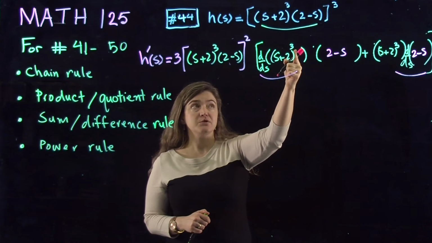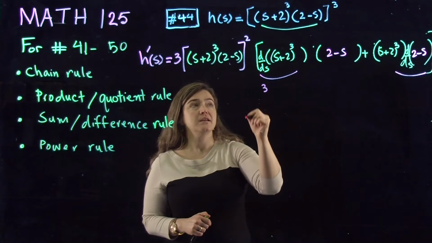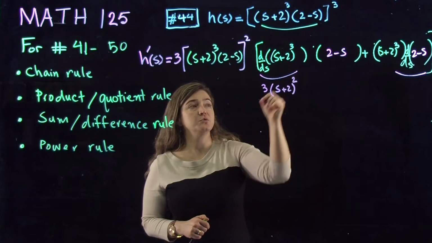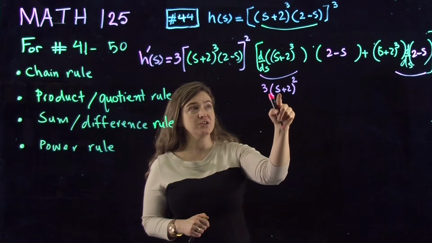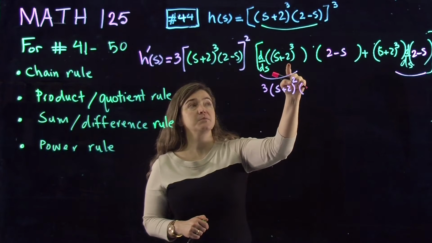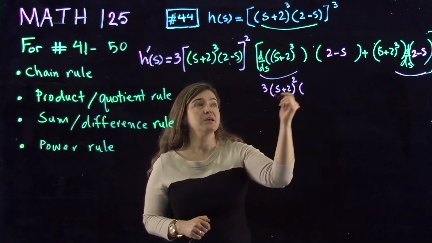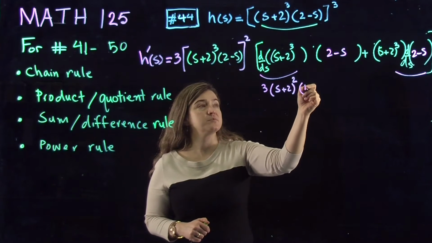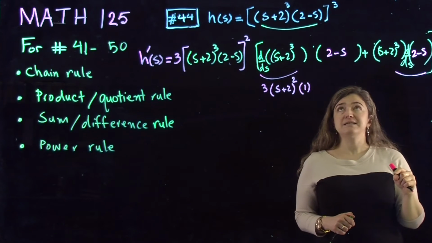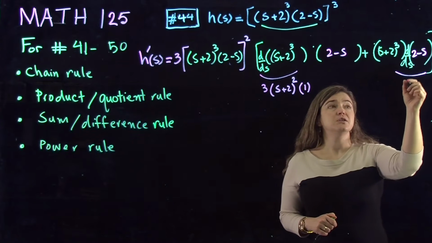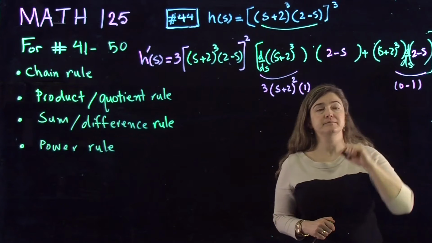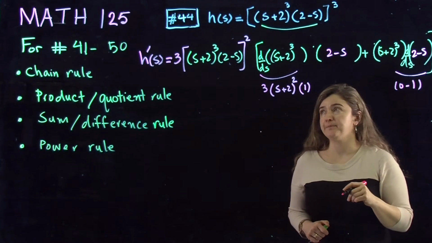The outside function is to power 3, so we'll get 3 times the inside function to power 2, unchanged, times the derivative of the inside. The derivative of s plus 2 with respect to s is 1 plus 0, which is 1. The derivative of 2 minus s is going to be 0 minus 1, so it's minus 1.